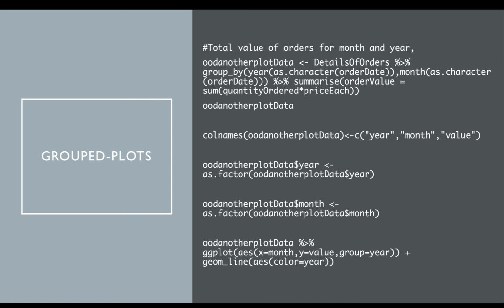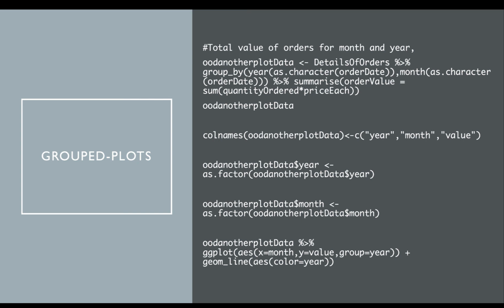Year and month are converted into factor variables, and the reason they are converted into factor variables is so that they can be displayed appropriately as factors and not specifically numeric data types that are continuously increasing.